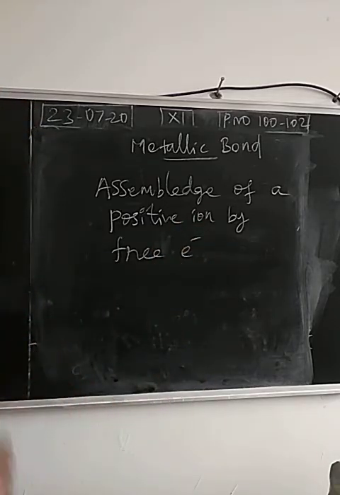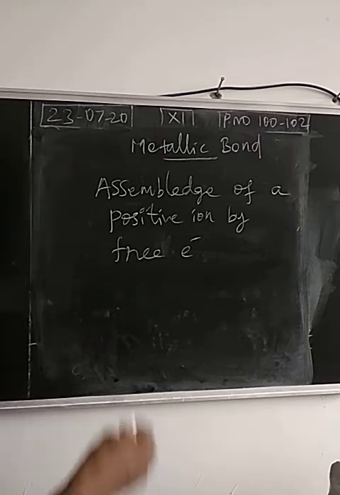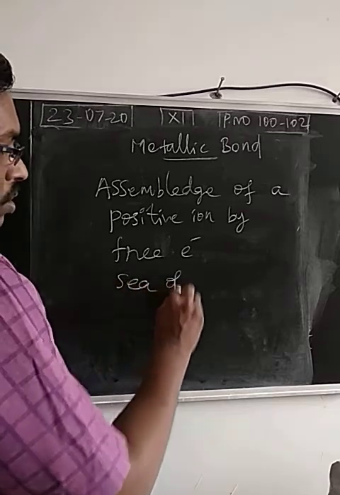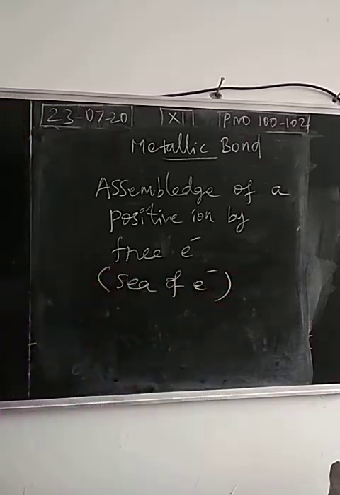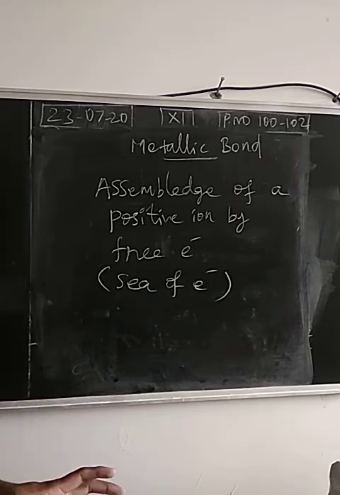When you take one particular metal ion, for example copper, in the copper metal, around one metal ion there will be a large number of electrons. We call this a sea of electrons. Sea of electrons means around one positively charged ion, more electrons will be there. So a cloud of electrons will be there, and this is responsible for the bonding.